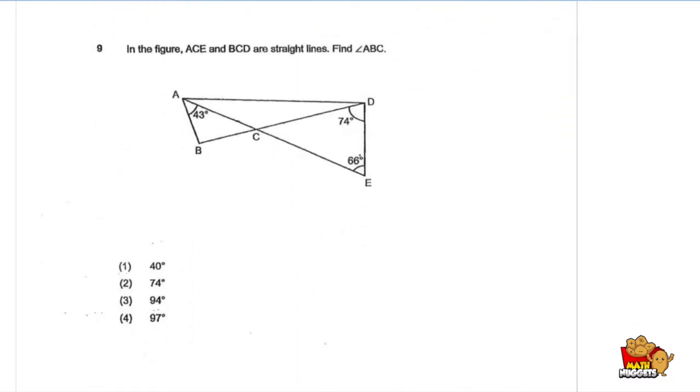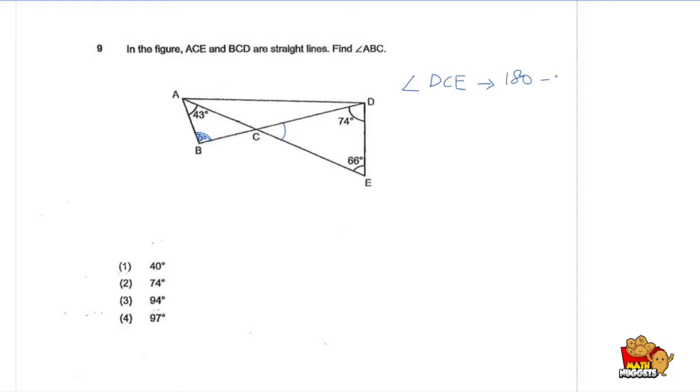Question 9, we're supposed to find angle ABC. ABC is here. First, I can find this angle. I want to find angle DCE. Angles in a triangle make up 180 degrees.